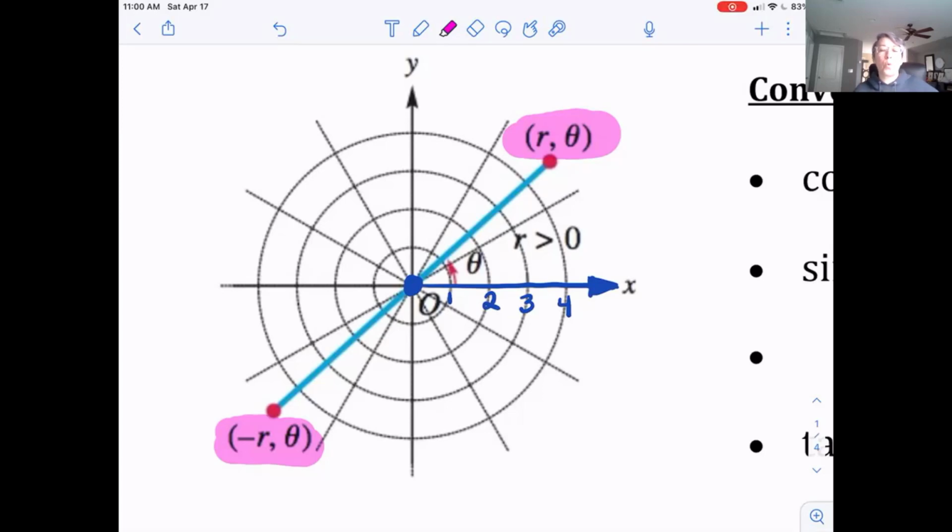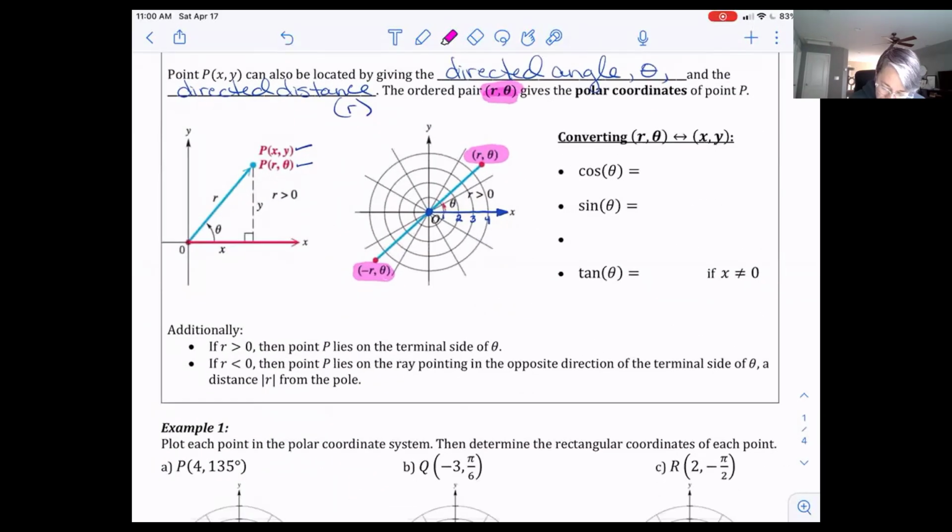Are we moving towards the terminal side of that angle, or are we moving away from the terminal side of that angle? So basically it's like a reflection where you're flipping sides. But instead of over the x-axis or y-axis, you're flipping it just directly over the pole. That's where this comes in. That's that explanation down there below.